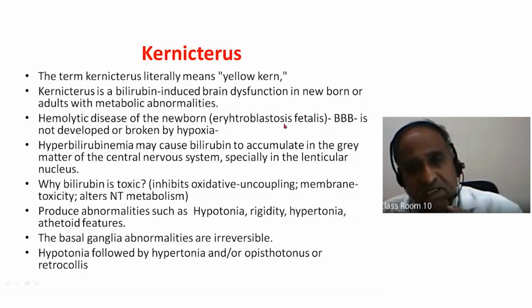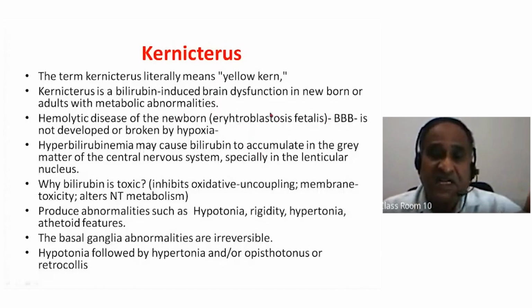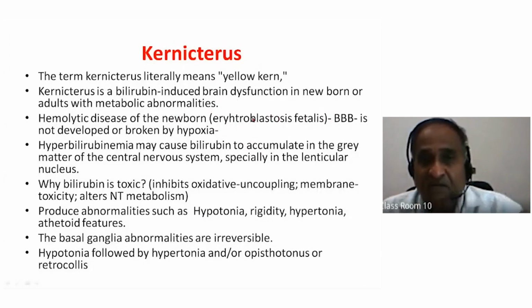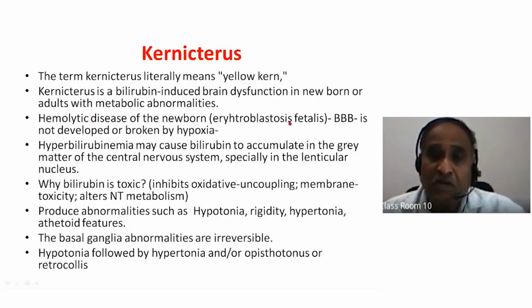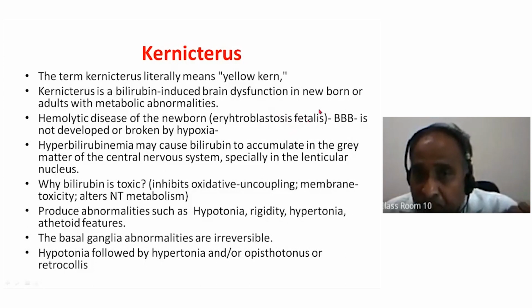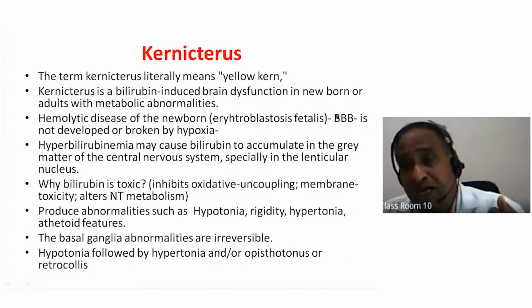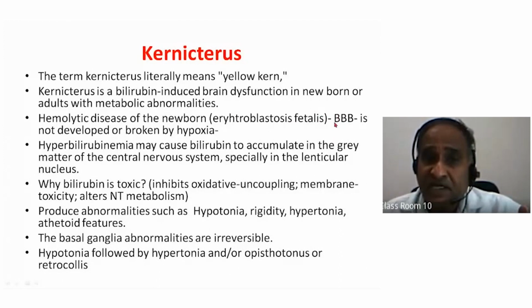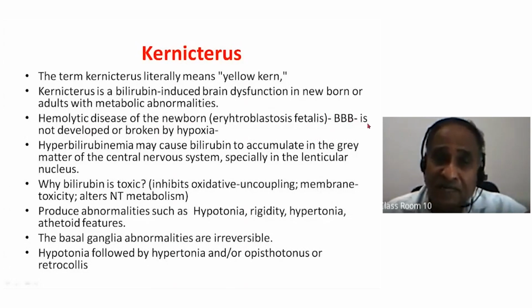And in this kernicterus, what happens? The bilirubin level increases very greatly. Because of the hemolysis, the bilirubin level may go above 20 milligram per deciliter. Normally, it is 0.4 to 0.8 milligram per deciliter. Now, when it is increased so much, then also because of the other aspects, the blood-brain barrier is either broken, or in the children, especially the newborn, the blood-brain barrier is not developed yet.